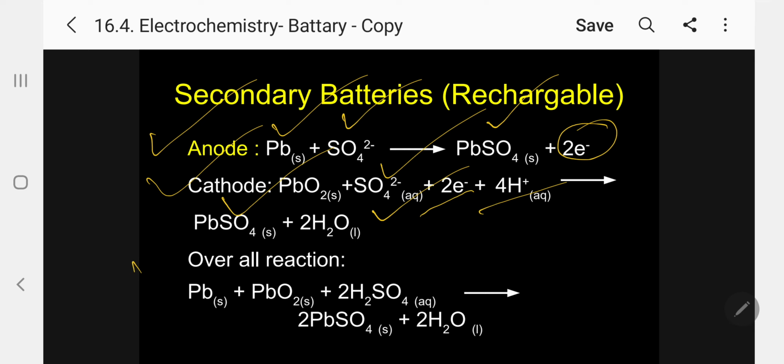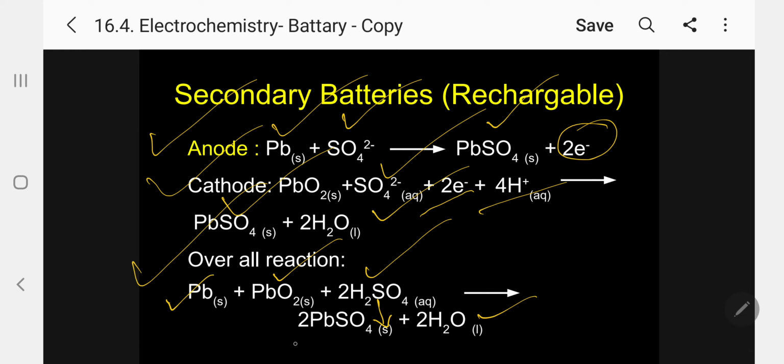So what is the overall reaction? Solid lead, kindly follow, reacts with lead dioxide in the presence of 38% aqueous sulfuric acid to produce solid lead sulfate and water. This is the overall reaction.